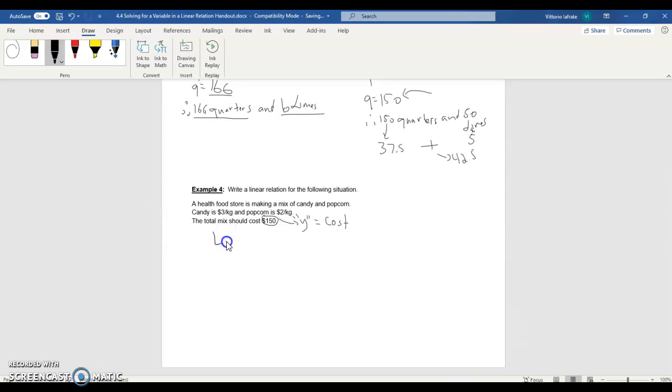Let C be the number of kilograms of candy bought, and we can let P be the kilograms of popcorn bought.